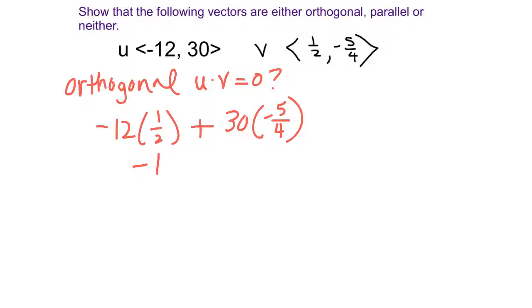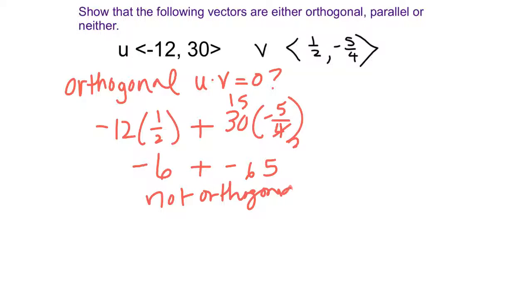And so this is going to get me negative 6 plus, now if they're orthogonal, what does this have to be? It has to be 6. And I'm looking at this here, and this is 15. That's not even close, right? Negative 65. So these are not orthogonal.